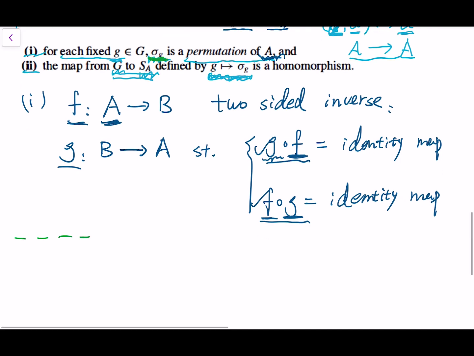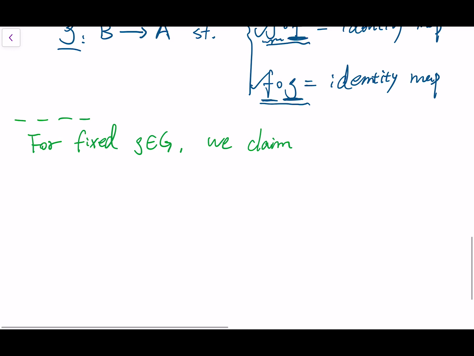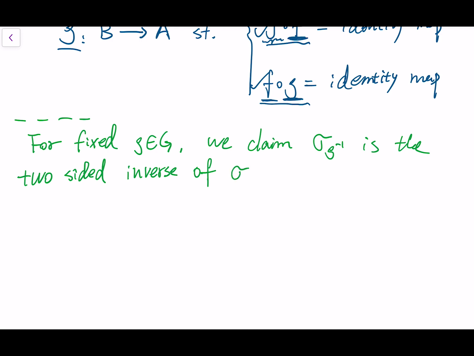So for fixed g in the group G, we claim that sigma g inverse is the two-sided inverse of sigma g.